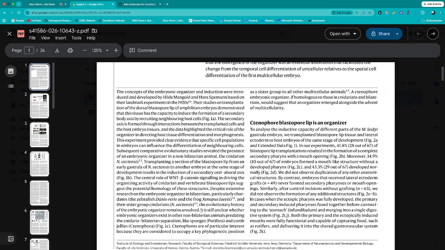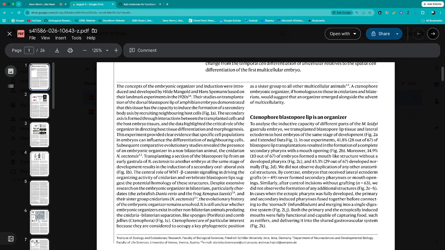So they're looking at this shared evolutionary ancestry of organizer activity in both cnidarians and bilaterians. It is still unclear whether embryonic organizers exist in other non-bilaterian animals, predating the cnidarian-bilaterian separation.